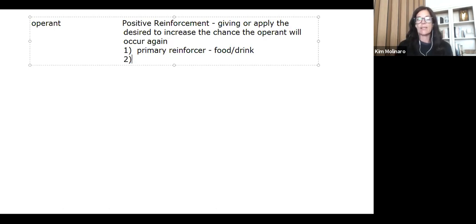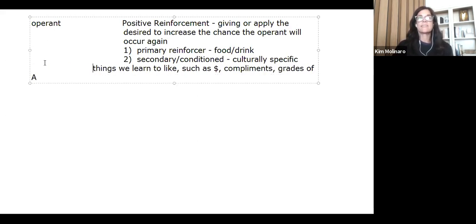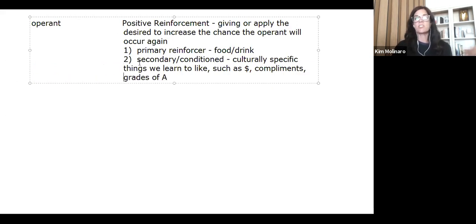And secondly, secondary conditioned reinforcers are culturally specific things we learn to like, such as in this culture, money is a big one. Compliments, getting an A, all of those are secondary conditioned. Conditioned means learned. Reinforcers.